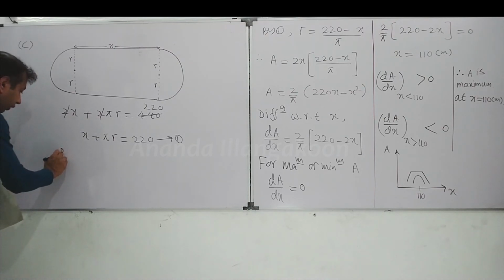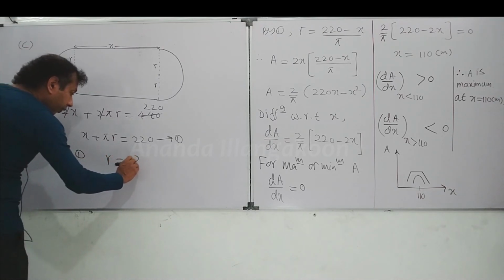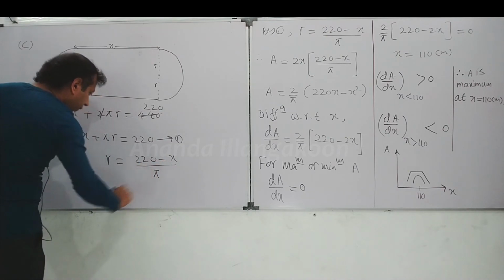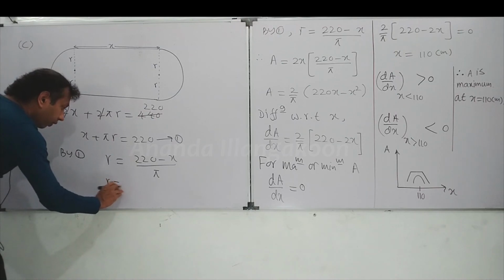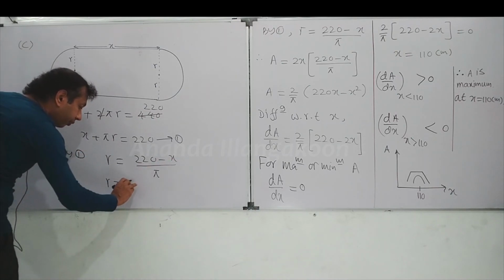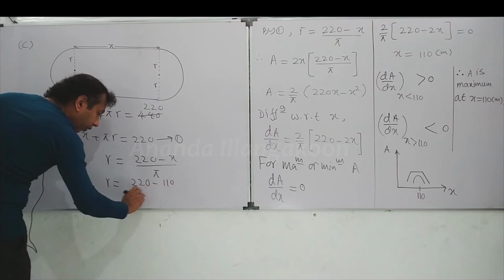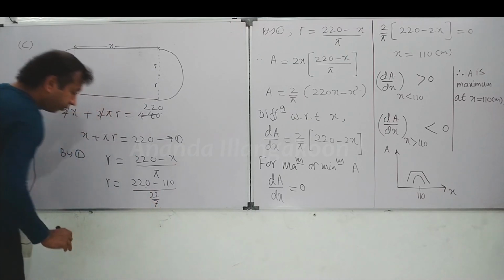By 1 I can write r equals (220 minus x) divided by pi. Then x is 110, so r is (220 minus 110) divided by pi, with pi as 22 over 7.